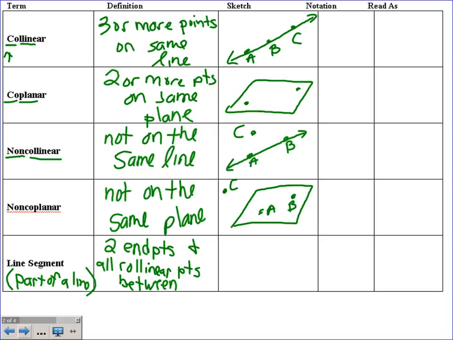So if we had a line, get a line here. This is A, this is B, something like that. That's line AB. If we all of a sudden stop here and say, okay, we have A, we have B, and we draw this like so, this is now line segment AB.